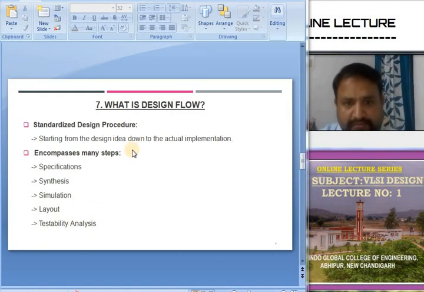So there are many other important steps also, like simplified design should be there, and there should be a particular language by which we can write the programming logic.